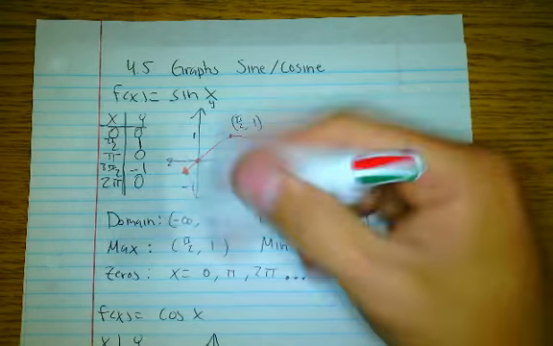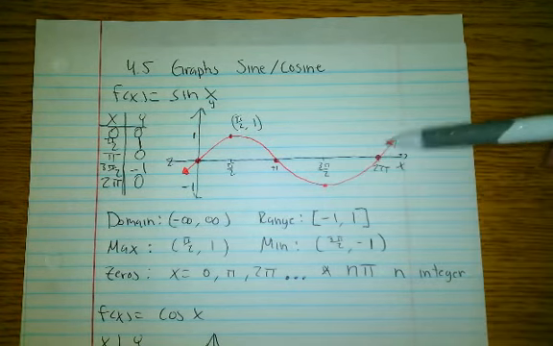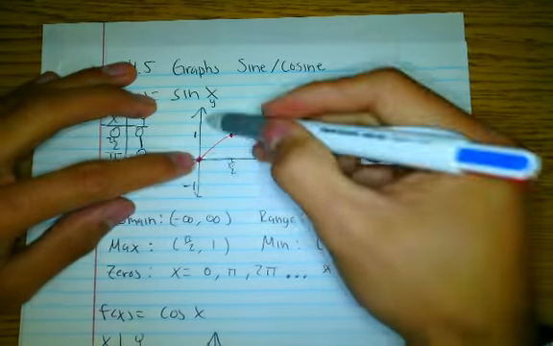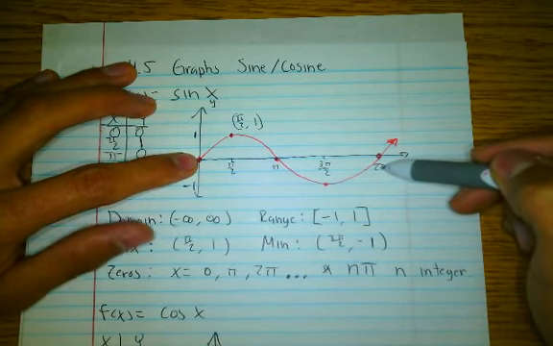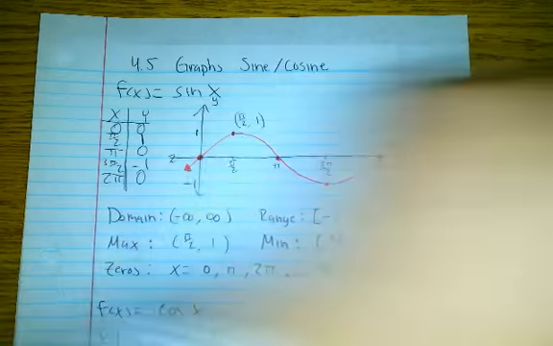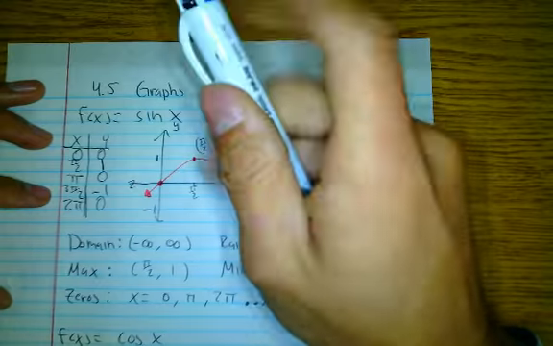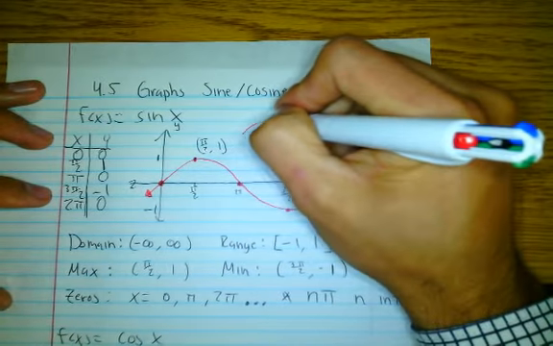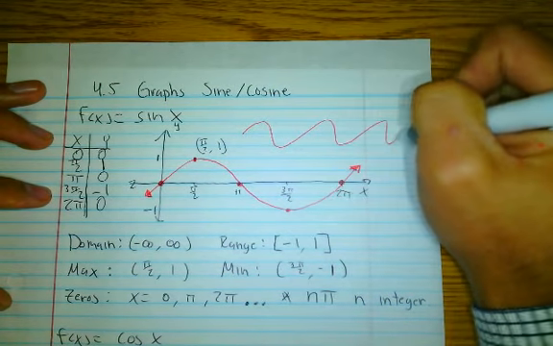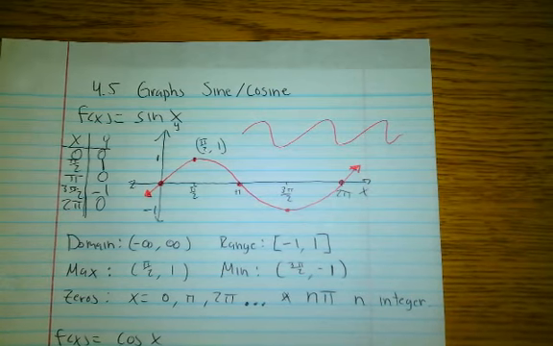If I was in a computer system, I could highlight this part, hit copy, and then move and hit paste over and over again until I get something that looks like this, and so on. So would you say that this is something that's just repeating itself over and over again? Right? Okay.